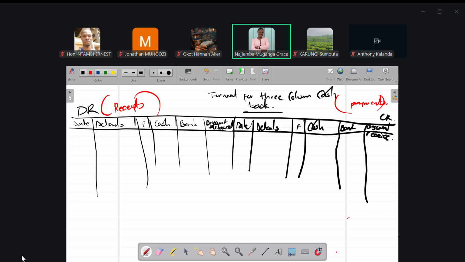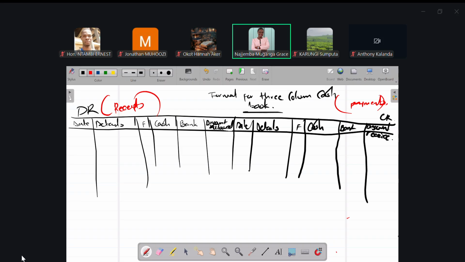Payments, that is whenever the business pays any amount of money. So where you're paying money through, it could be through cash or bank, then that payment is recorded on the credit side. So this is how a 3-column cash book looks like.